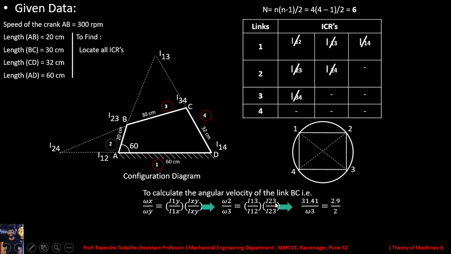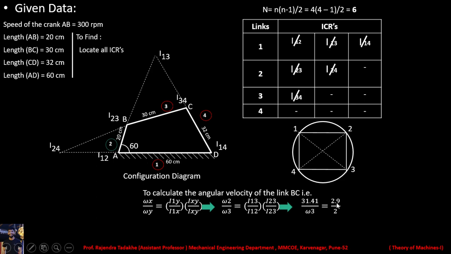Then I13 and I23. Where is 13? And where is 23? Here is 23. So we have to measure this distance and put it here. Then 12 and 23. We have to measure this distance. Actually there is no need to measure this distance because it is already a given distance, that is the dimension for the link AB.